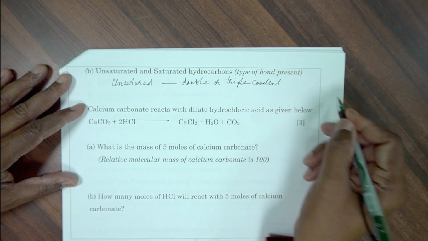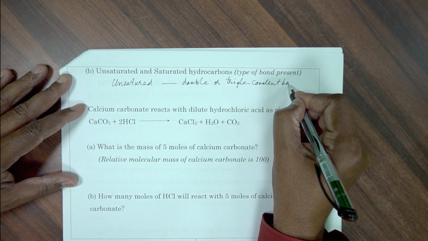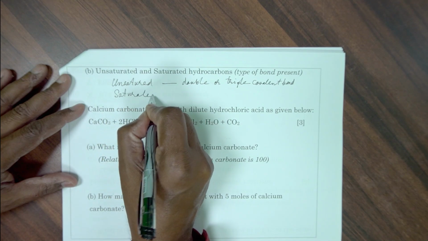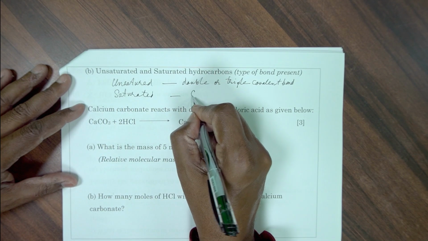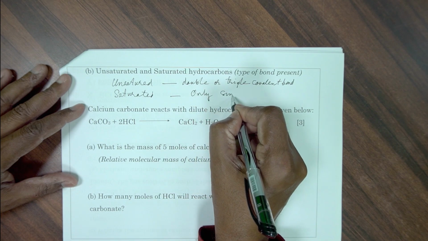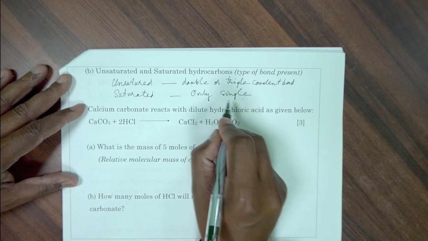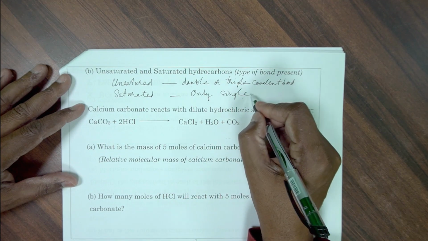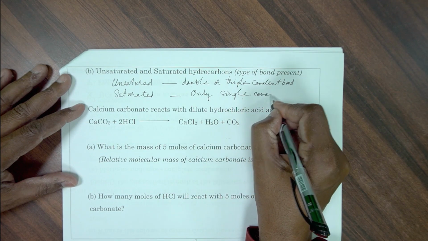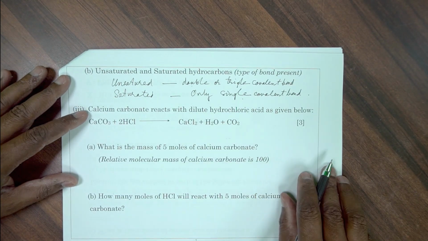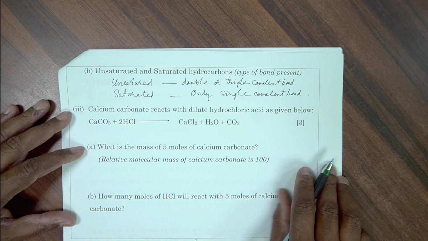Saturated hydrocarbons will have only single covalent bonds. Simply write single covalent. If you simply write double or triple and single, that much is understood, the rest is understood, right? Only single covalent bond. Type of bond. You don't have to describe the rest, only the type of bond has to be described.